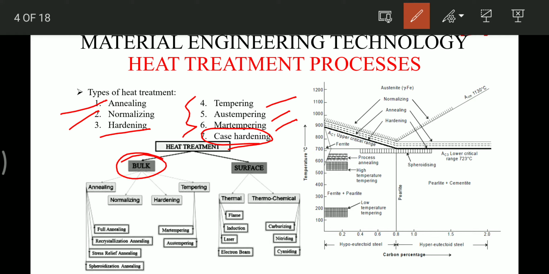The surface treatments are not that important, as I have never heard surveyors asking about them. So I'll tell you in detail about annealing and normalizing in this video. Let's begin.